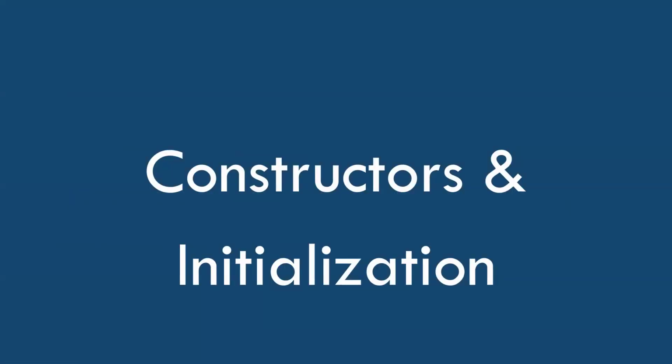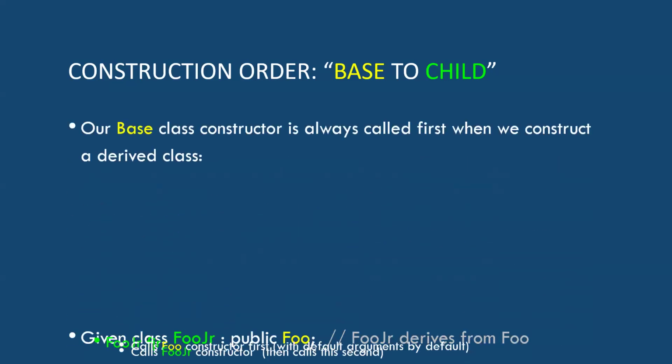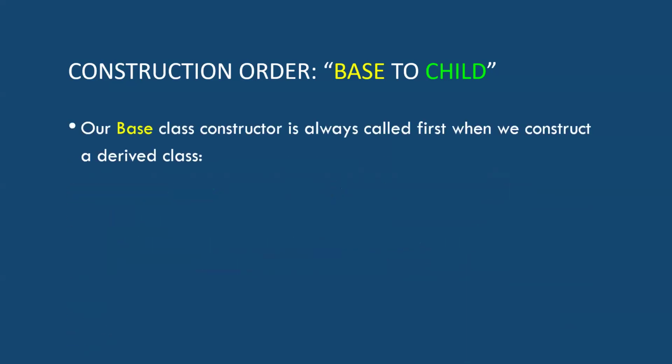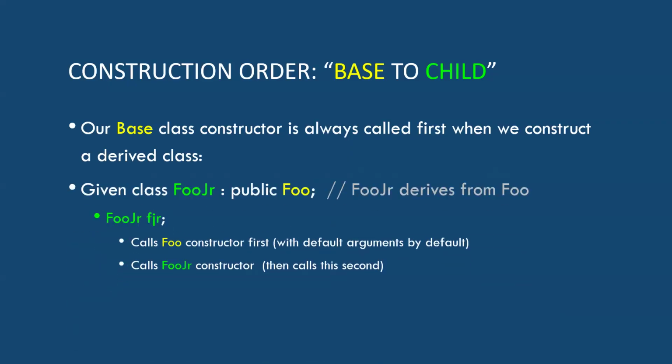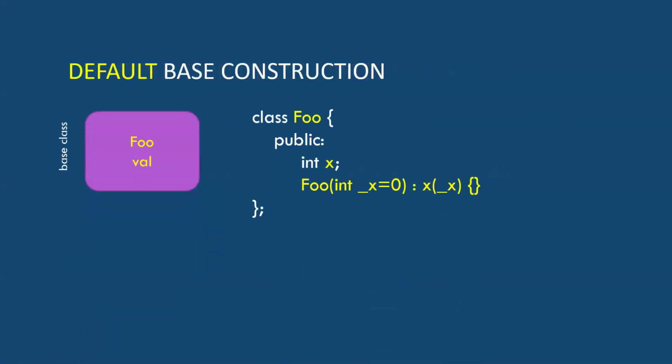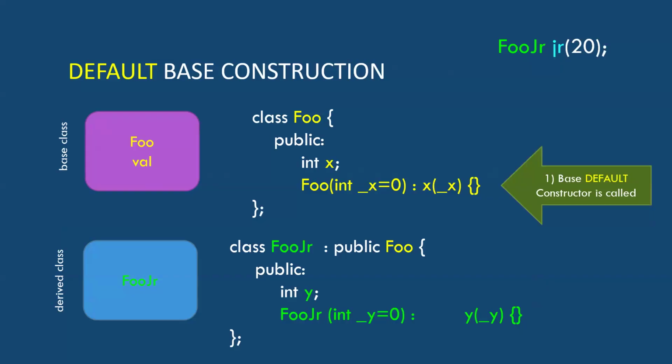But let's take a look at a better way to initialize base class attributes, and this plays directly to your lab for today. We've seen that the base class gets constructed first. So Foo Jr. is going to call that constructor with default arguments unless you find a way to specify the arguments. Here's us doing that, and it is tempting. There's our base class.